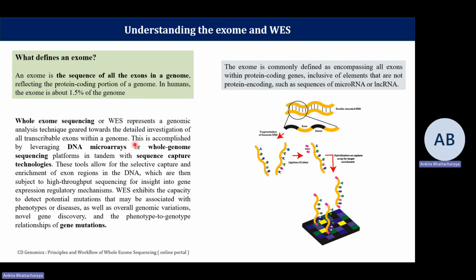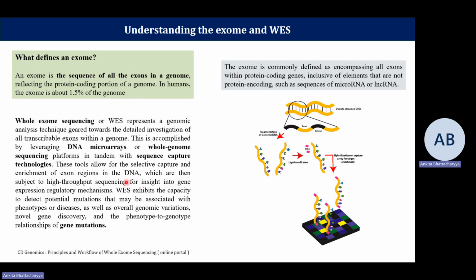So how you do that is either you use DNA microarrays, which has become somewhat obsolete in today's day and age, but it is still performed. Or what is usually opted for is the high throughput sequencing method, and that also involves sequence capture technologies, which minimizes the amount of information that needs to be decoded or sequenced, and also makes it practically a lot more feasible.